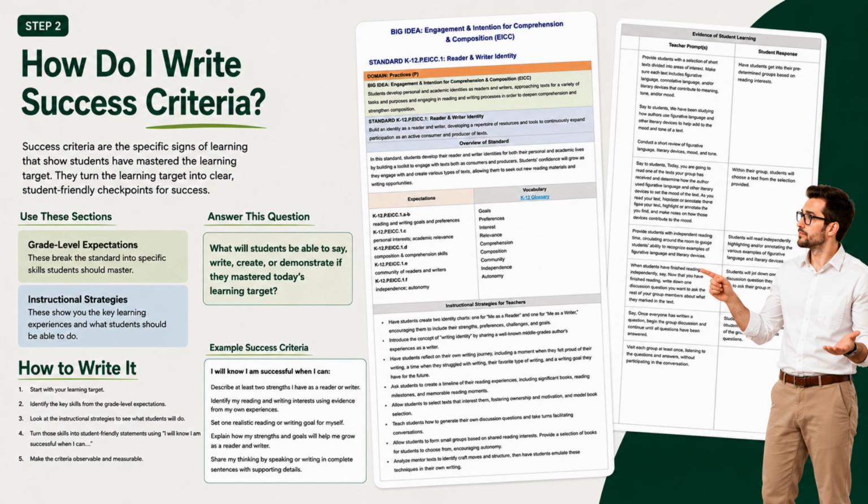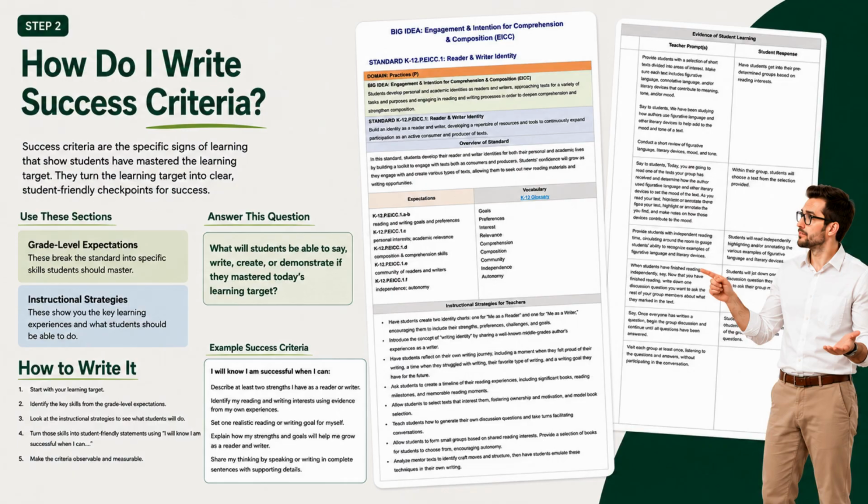Once you've written your learning target, the next step is identifying what success looks like. Success criteria describe the specific evidence that students have mastered the learning target. Start by looking at the grade level expectations to identify the skills students need to demonstrate. Then review the instructional strategies to determine what students will say, write, create, or do during the lesson.